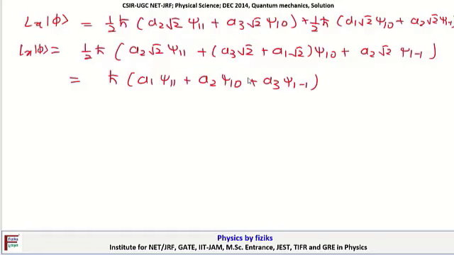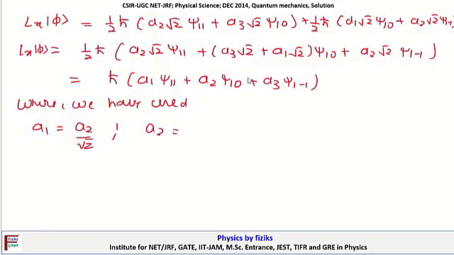Now, we have used A1 would be equal to A2 by root 2, A2 would be 1 by 2 (A3 root 2 plus A1 root 2), and A3 is equal to A2 by root 2.